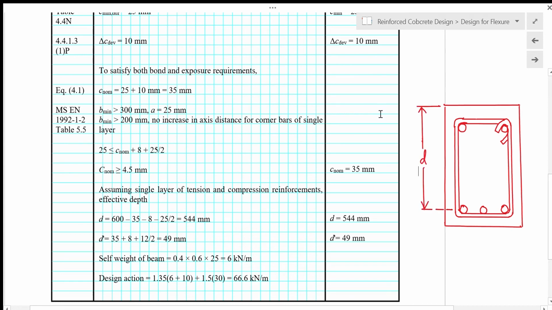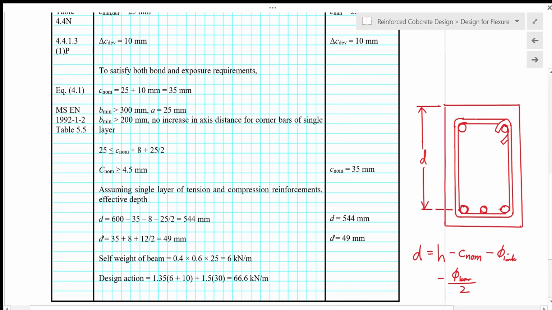Okay, so from here we have d equals h minus the nominal cover minus the diameter of link minus half diameter of the main bar.